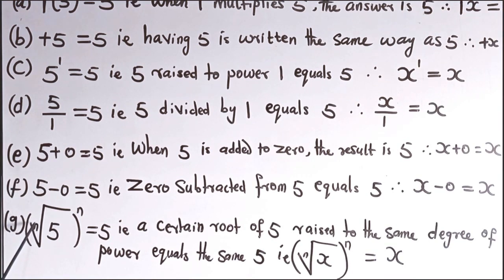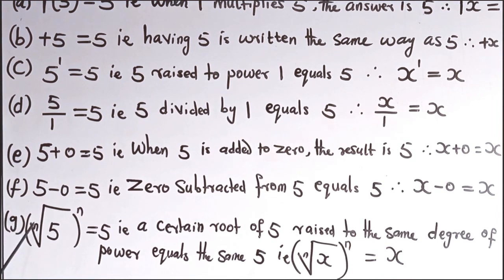This n here means the type of root. If this n is 2, we will be calling it square root of 5. If this n is 3, then we'll be calling it cube root of 5. If this n is 4, we'll be calling it the fourth root of 5. If this n is 5, we'll call it the fifth root of 5, and so on and so forth.